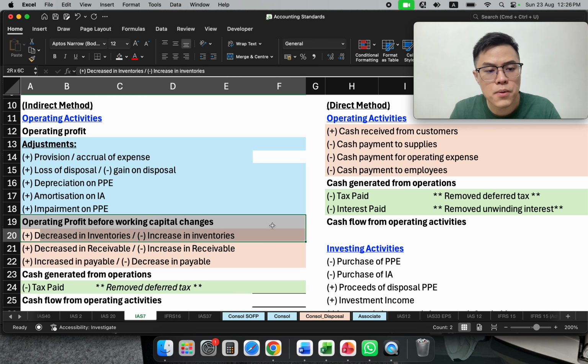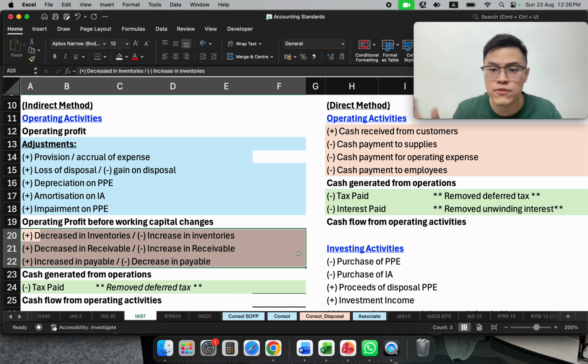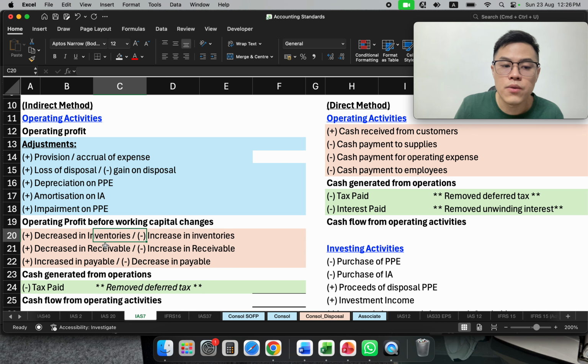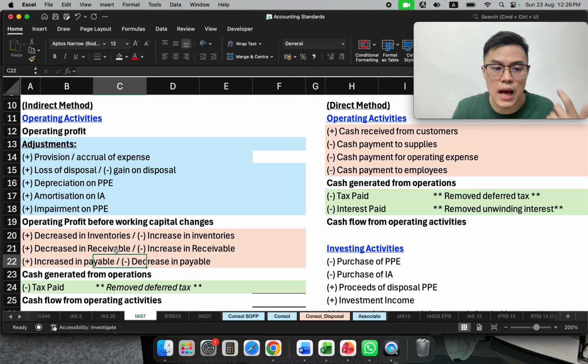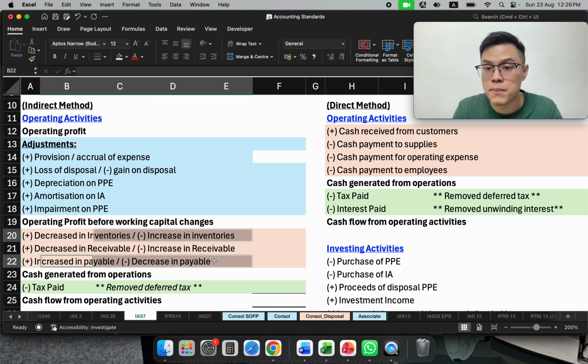This operating profit before working capital changes means the second step we are going to do is some operating changes or working capital changes. So working capital, we got three things: inventory, receivable, and payable. These are related to your sales, because you have booked in some sales based on accrual basis. You need to adjust that. Inventory and payable are related to your cost of goods sold.